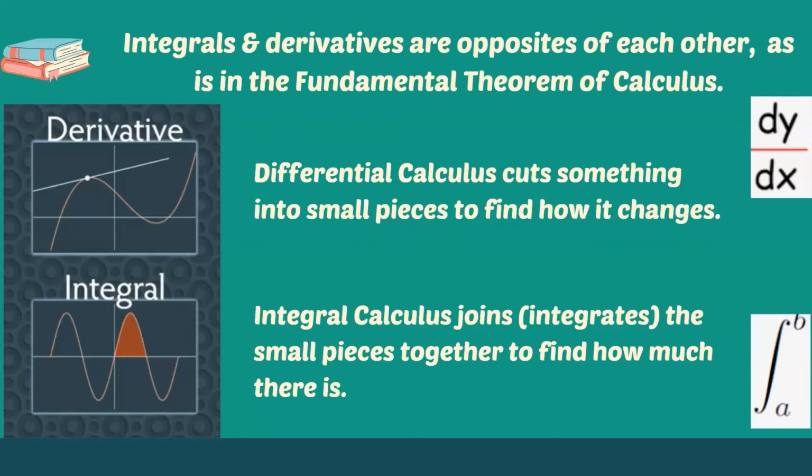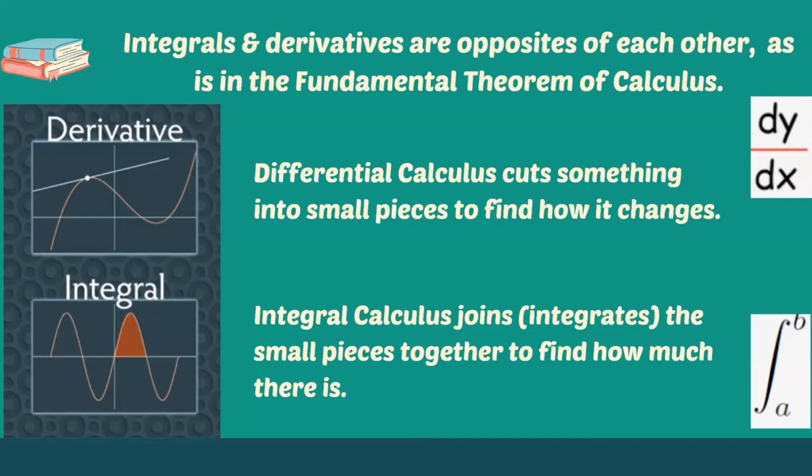In the case of integral calculus, you can see the shaded portion. What we are going to do is cut this into individual pieces, maybe rectangles or some shapes, and find them out. So in integral calculus, we are integrating these small pieces together and finding out how much it is.